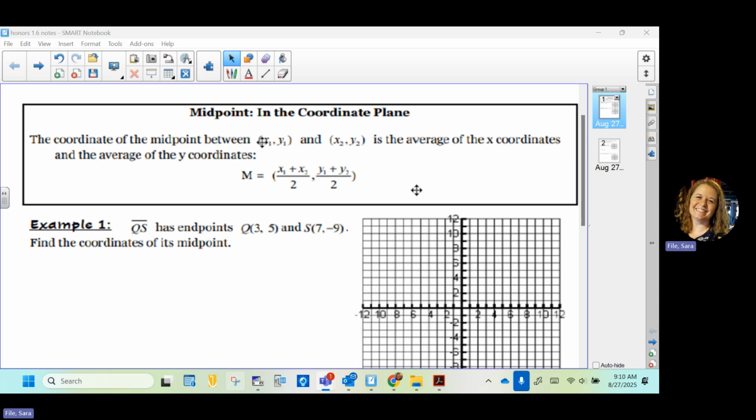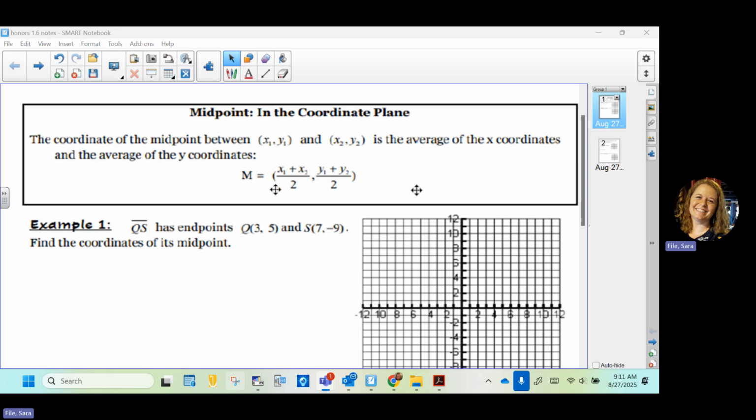so x1, y1, x2, y2, those are your endpoints, it is the average of the x coordinates and the average of the y coordinates. So it's written as a coordinate pair.